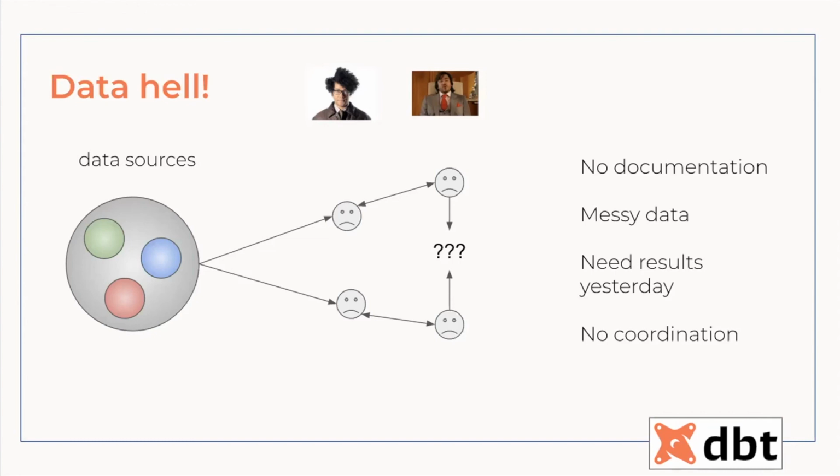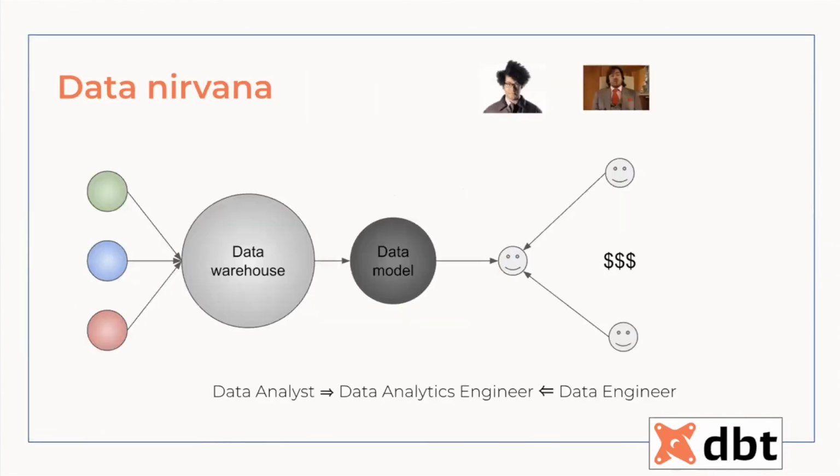So I think DBT really provides an opportunity to help the analyst in this situation. This is the data nirvana that can happen. You've got your data sources, they're going into a data warehouse. You then, using DBT and various suggestions that they have for how you should model your data in your warehouse, have nice clean data that's really well documented. We've got one analyst rather than two now, because the chaos has gone. Your managers are really happy because everybody's making money.